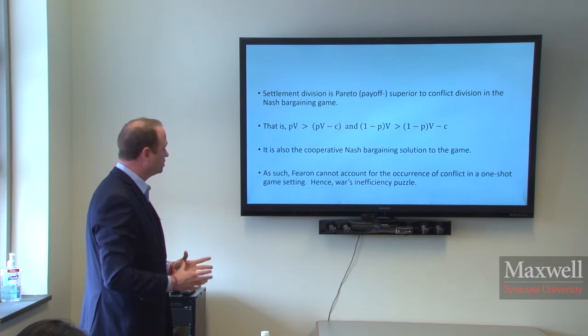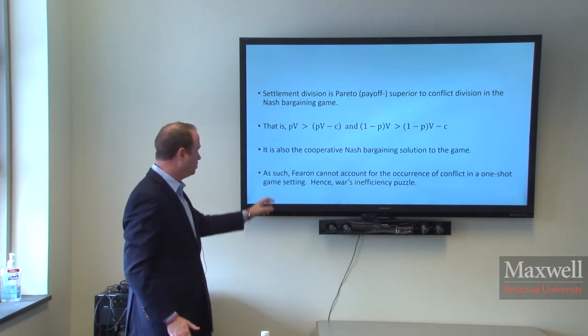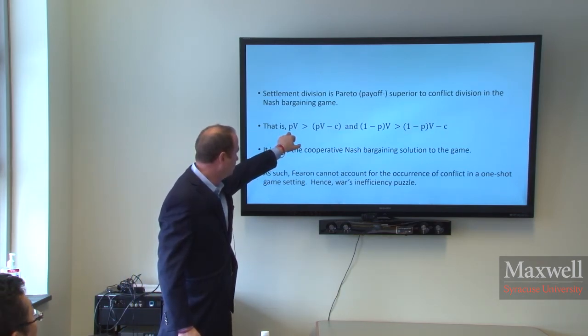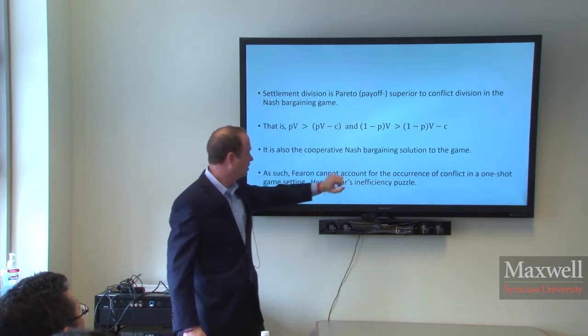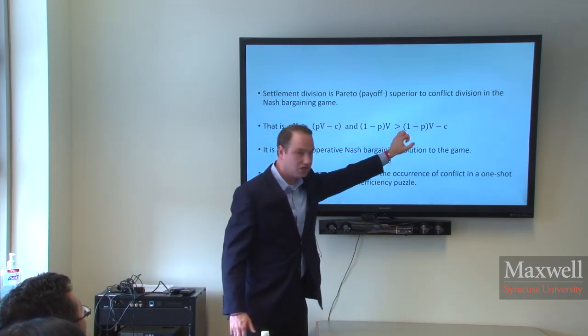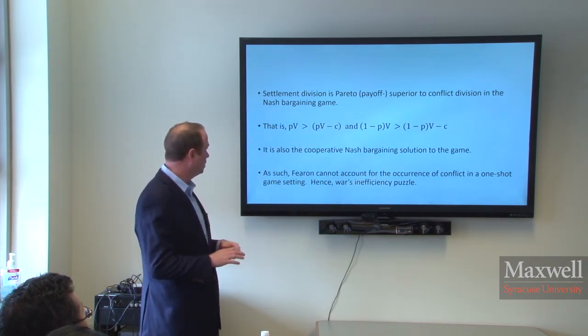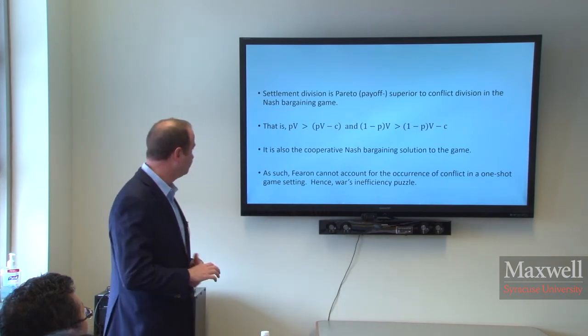Settlement division is Pareto superior to conflict division in the Nash bargaining game. That is, we can look at the payoff to each party, party 1 under settlement, under conflict, party 2 under settlement, under conflict, and we can form these strict inequalities that say that a settlement should be preferred.